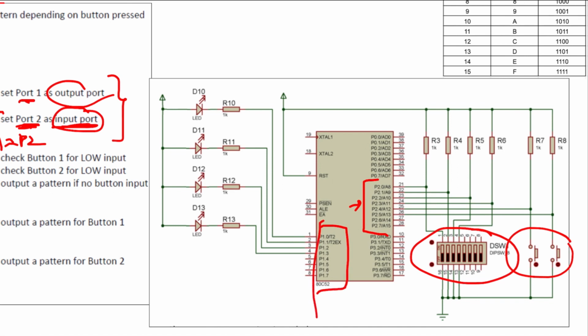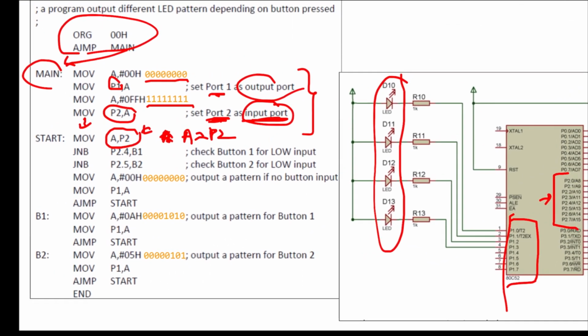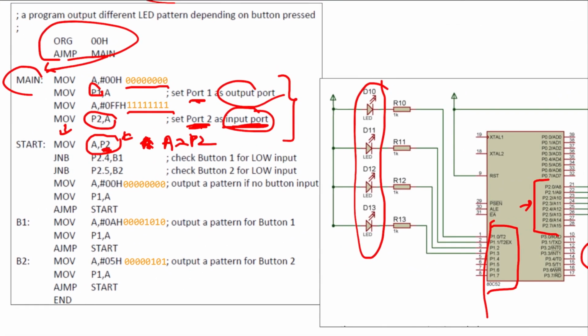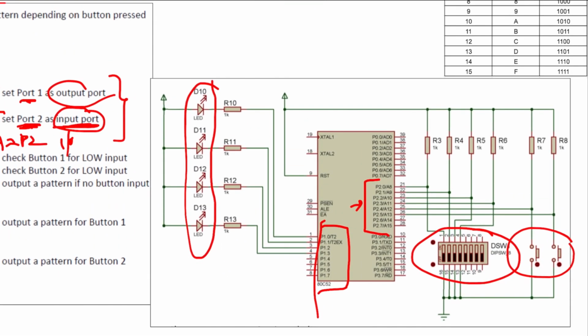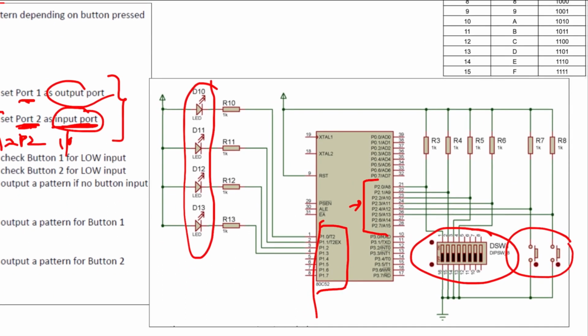Port 1 is connected to four LEDs over here. When we read input from port 2, we get 1s and 0s based on the condition of the push buttons and the 8-bit input. In this case we won't be using the 8-bit input, so let's cross it out first.